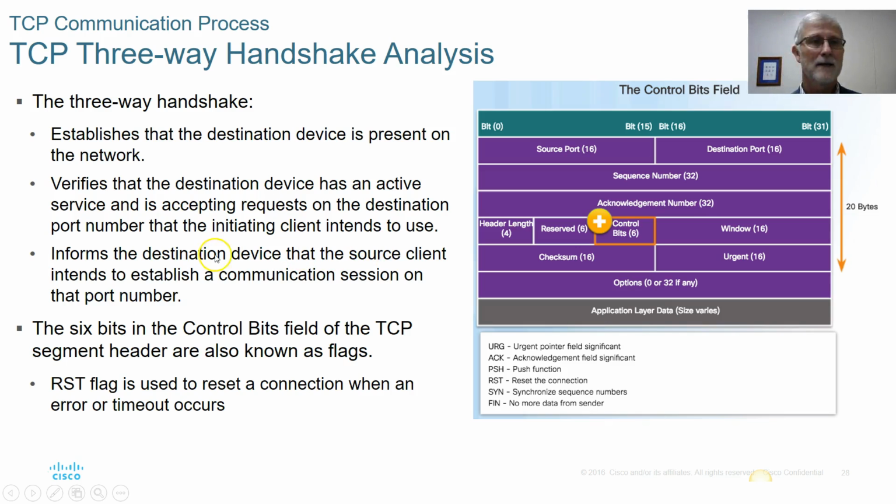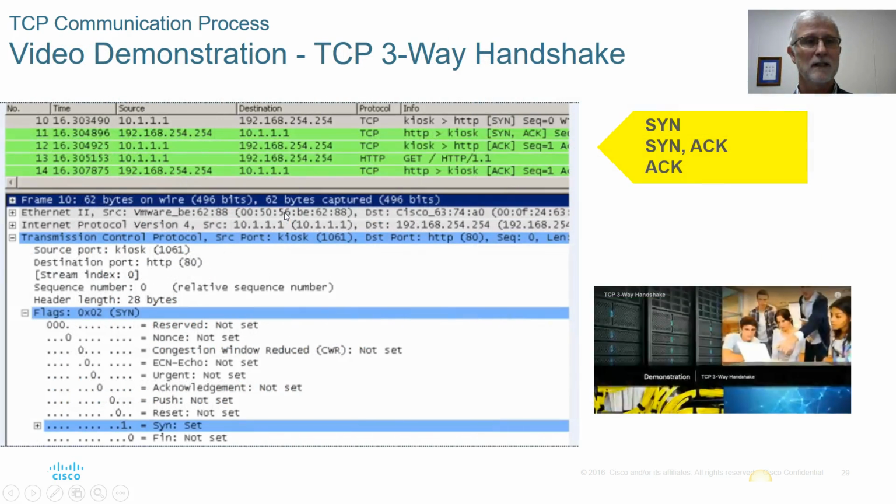Now, we just went through the three-way handshake, but there are 6 control bits in TCP, and you see those right down here as far as the ones we mostly use. You've got acknowledgement, sync, and finish, but there are a couple of others, and you may be asked to cover those.